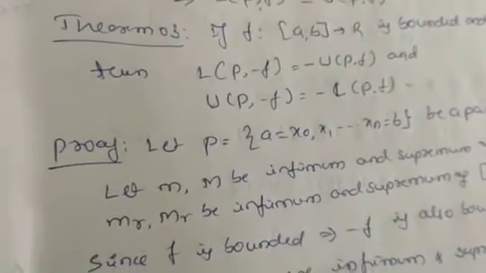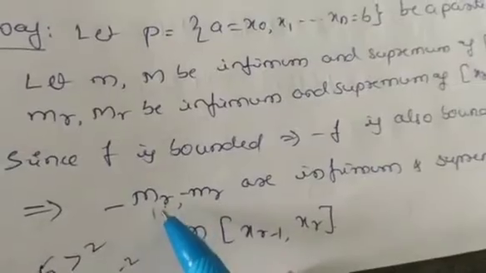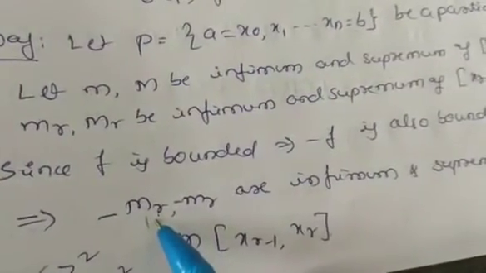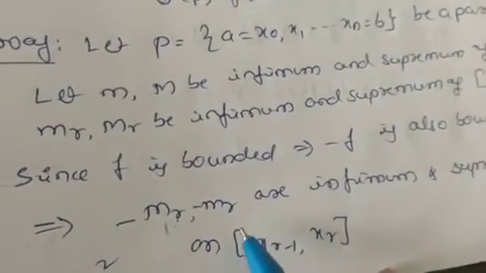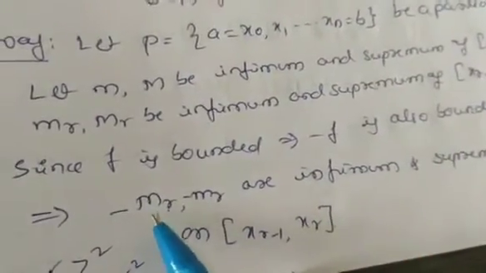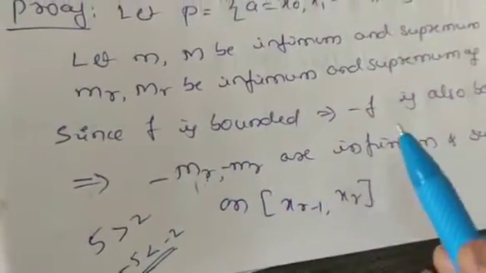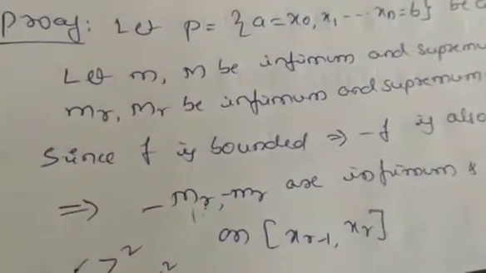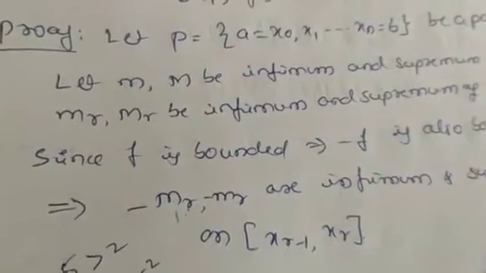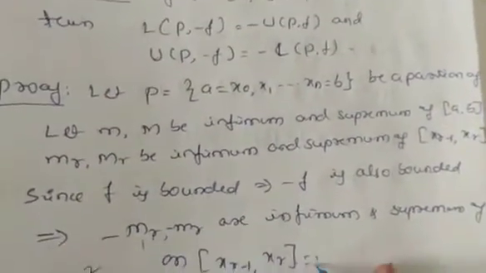So M_r is the supremum in the case of the positive function, and -M_r becomes the infimum for the negative function. Similarly, -m_r is the supremum, because the minus sign interchanges the positions of these values. So they are the infimum and supremum of the function -f in the interval I_r.